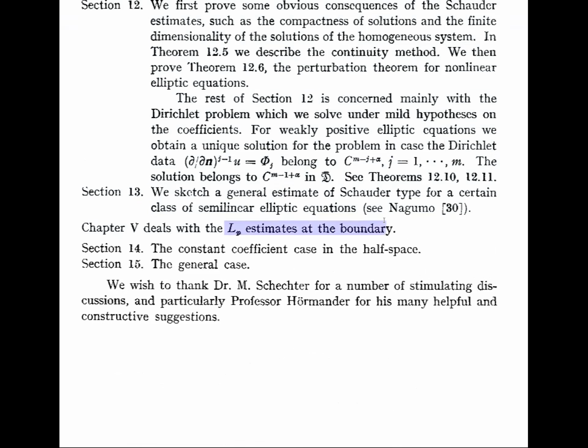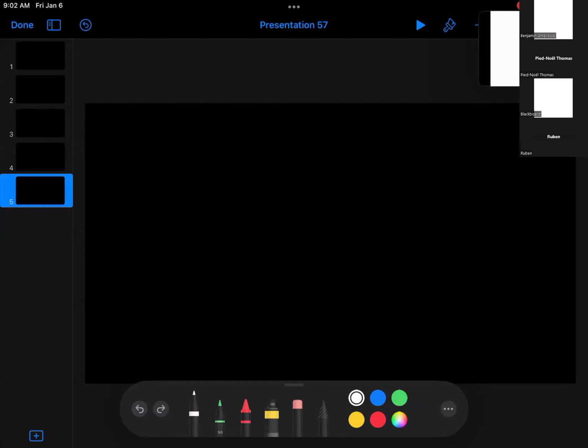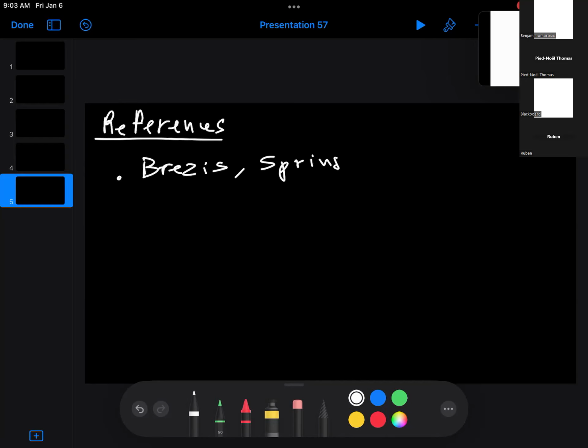Let me write here some important references for this lecture. First of all, I already said that there's a book of Brezis. It's Springer, 2010, and I can give you the exact title.